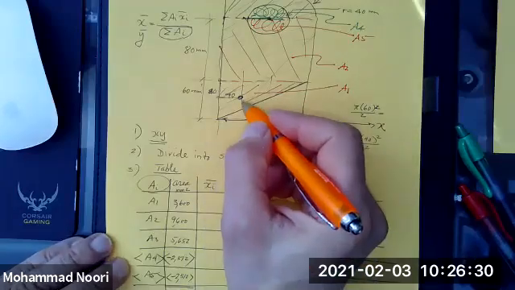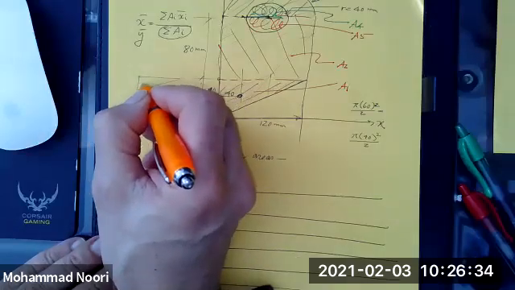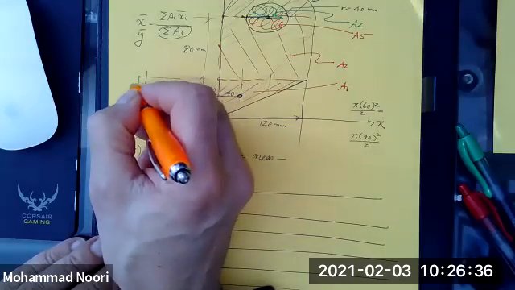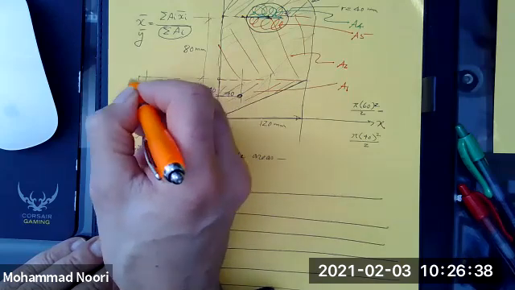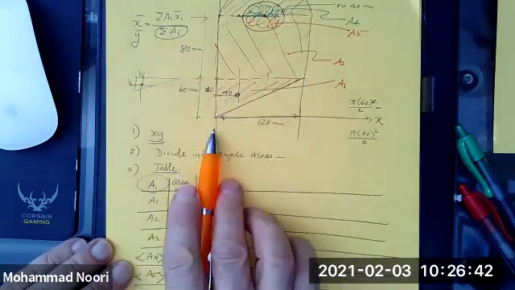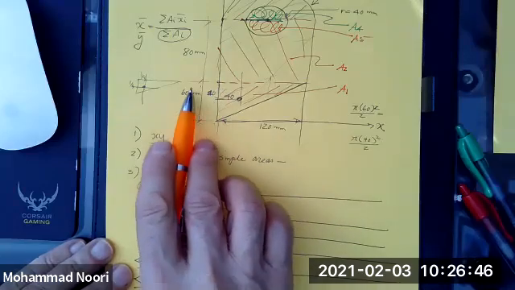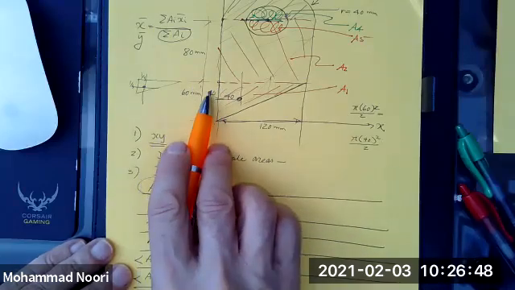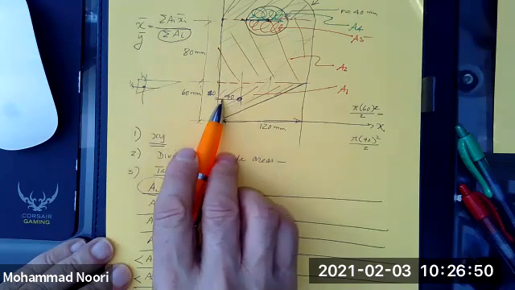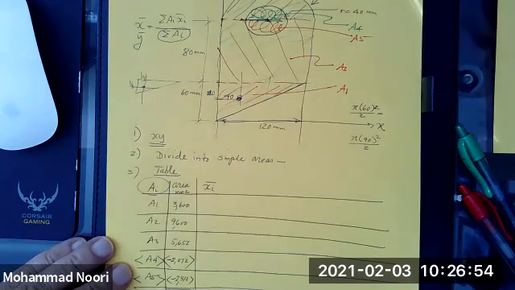You look at the table, you see for a triangle it is 1/3 of a distance from here, 1/3 of a distance from here. So this is 1/3, 1/3. This 1/3 is 120 divided by 3, and this 1/3 is 60 divided by 3. So this is 20 and this is 40. That's what the centroid of this triangle is.